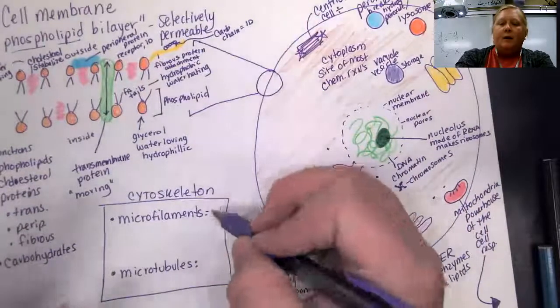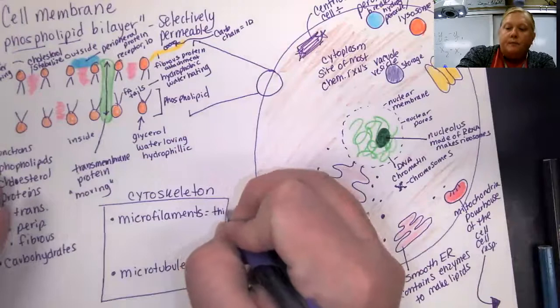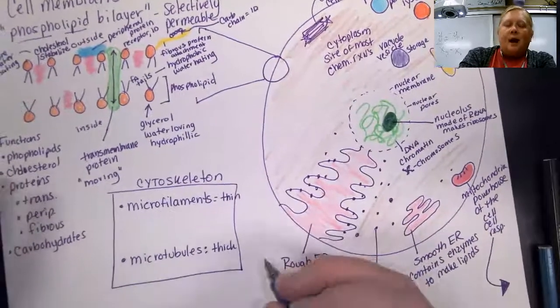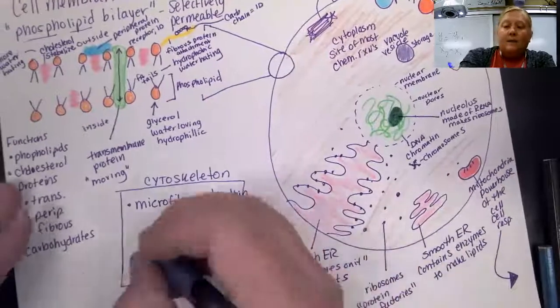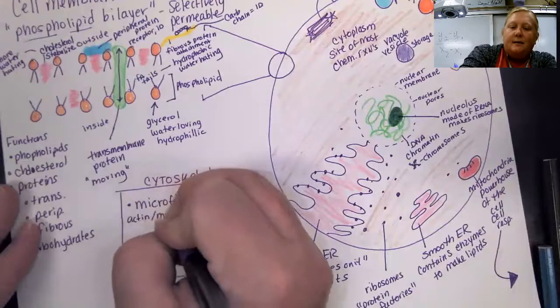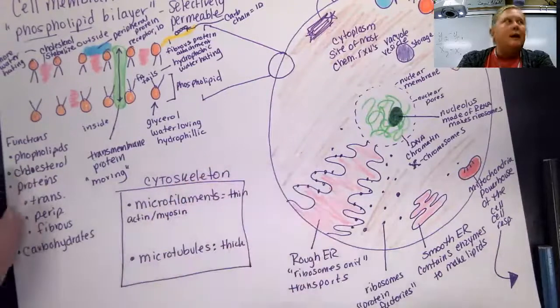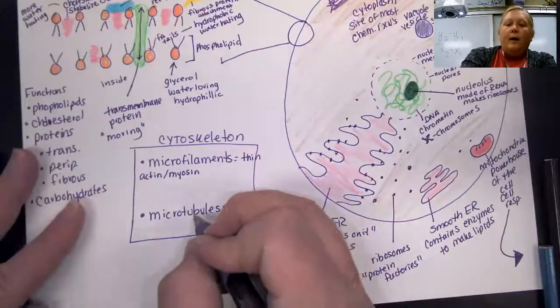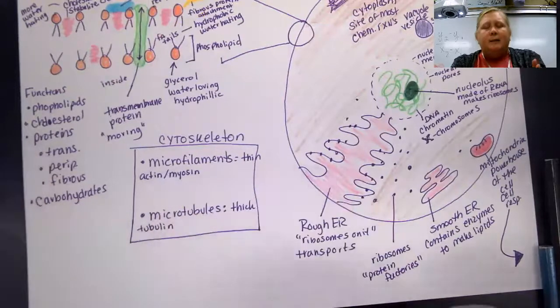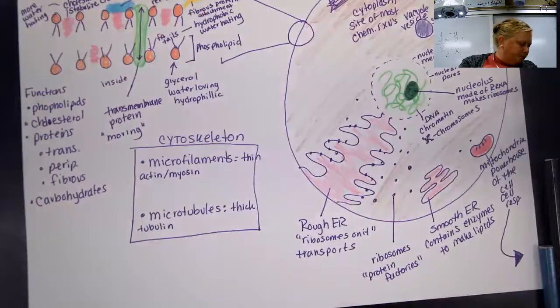So these are the thin ones, and these are the thick ones. Microfilaments are made of two proteins, actin and myosin, whereas microtubules have tubulin as the protein.